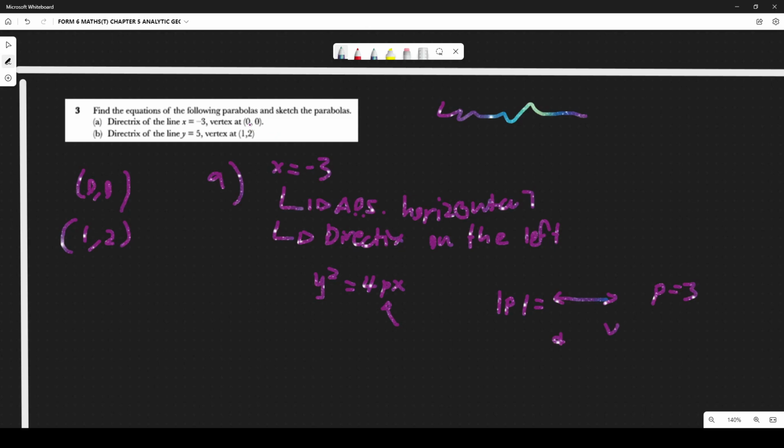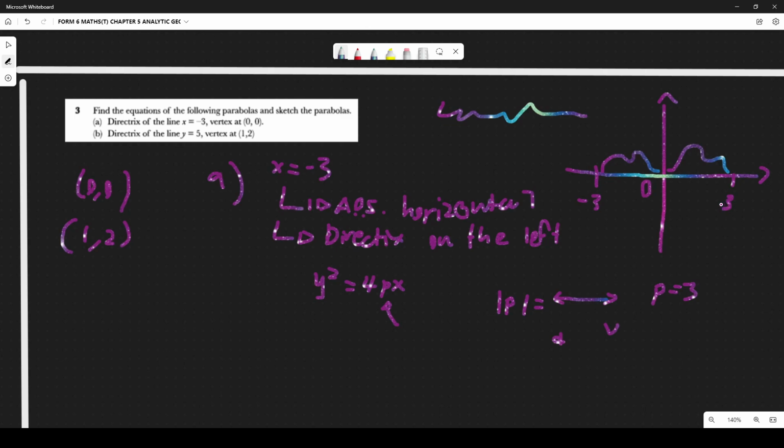Since we know the vertex is at 0, and the directrix is at negative 3, usually it's double, so if it's this much, it should be also this much, at 3.